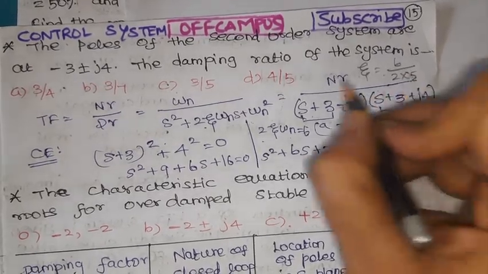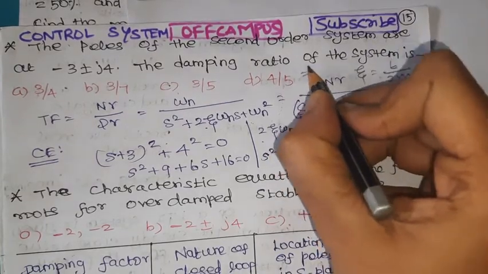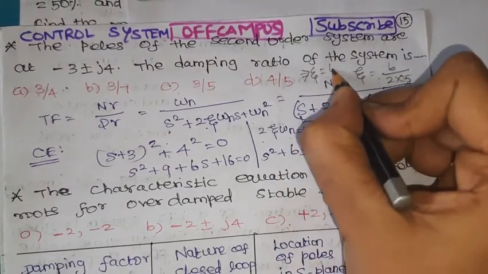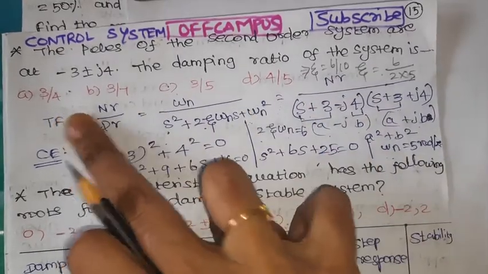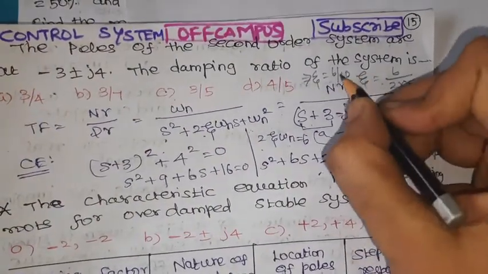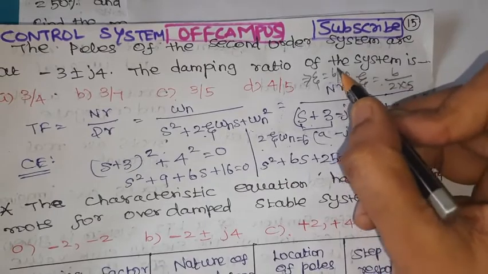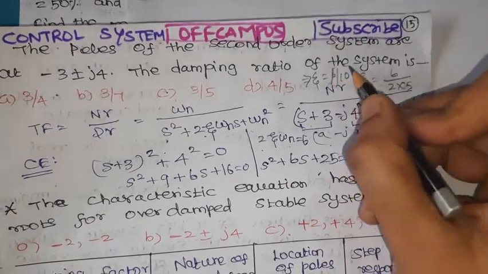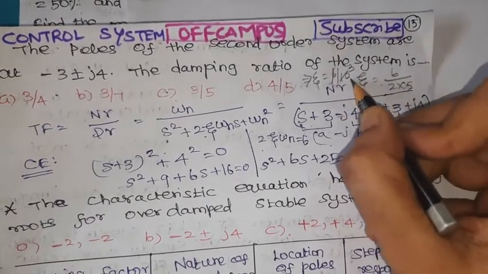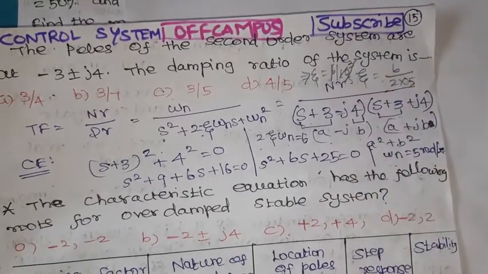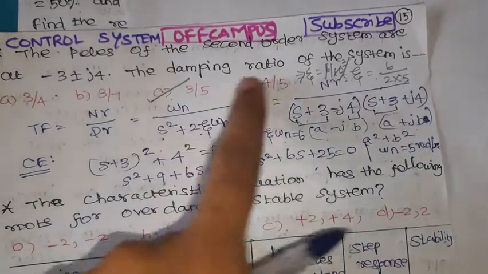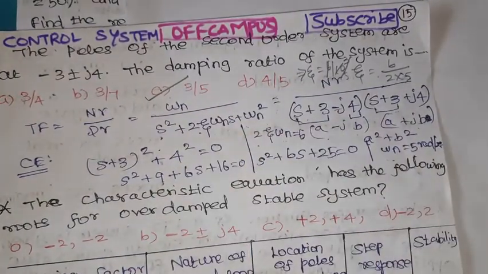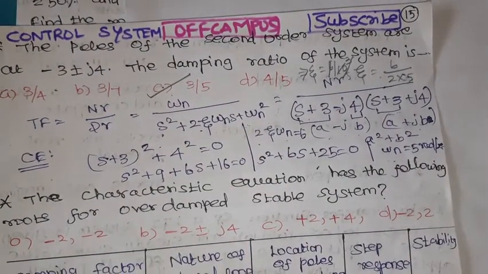Zeta value is equal to 6 by 10. We can simplify further by dividing by 2: 3 2s are 6, 5 2s are 10, which is nothing but 3 by 5. Option C, damping ratio 3 by 5, is the right option for this problem.